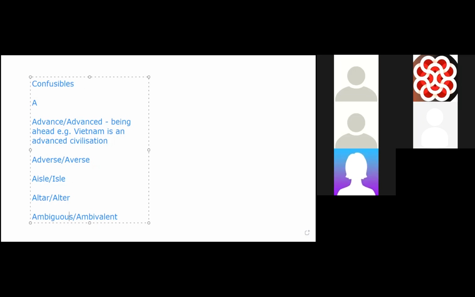Yes, well done. Very good. Well done, Hakan. And ambivalent? I don't really know ambivalent. Okay, that's fine. Ambivalent means to have mixed feelings about something, you're not sure if you like it or not.